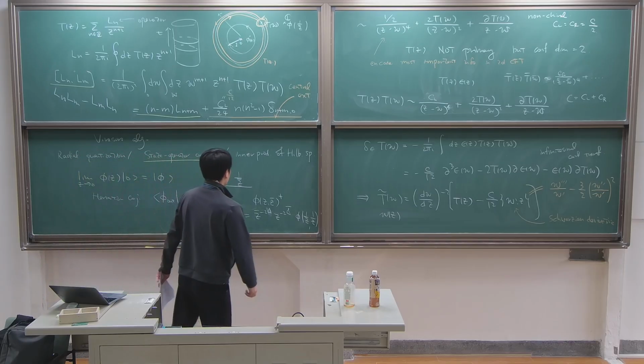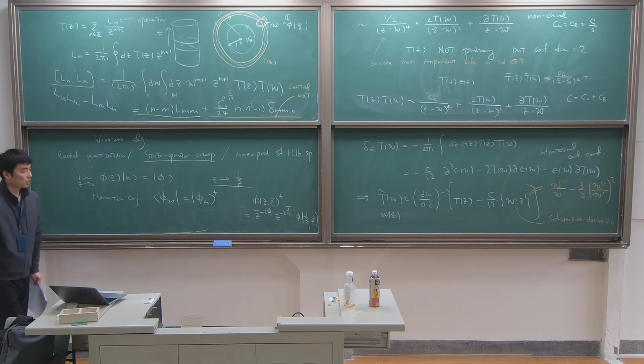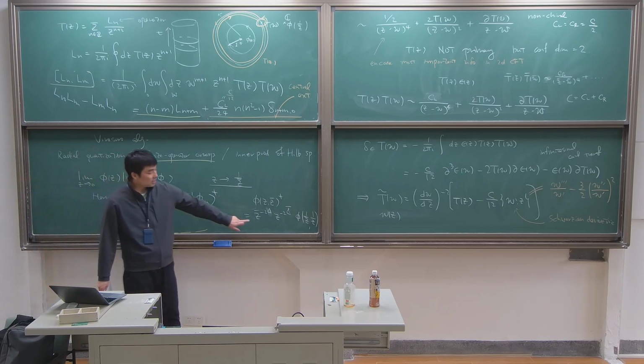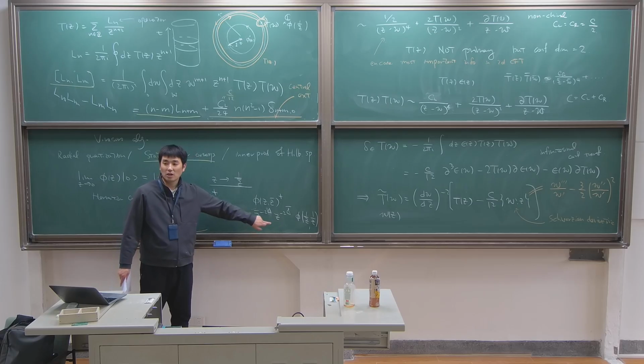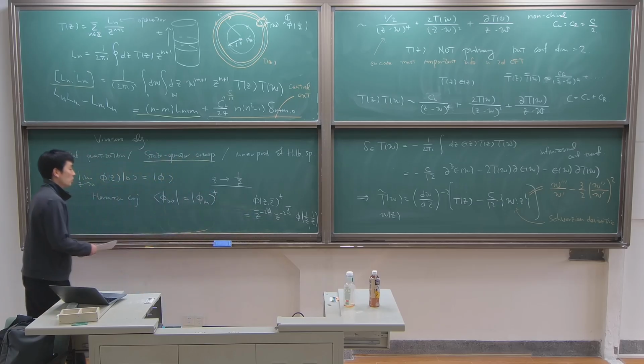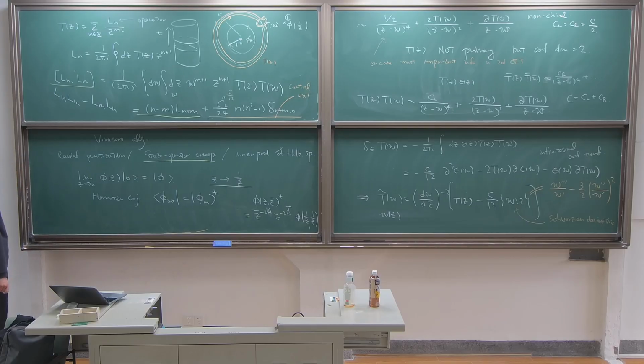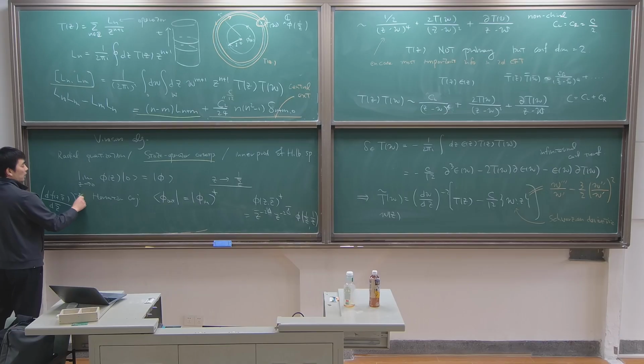Like this one. That's a Hermitian conjugate one. Here this term is really coming from this conformal transformation. If you do the conformal transformation of the conformal transformation, what you get is that f of z bar and then dz bar, so in this case, to the minus delta.